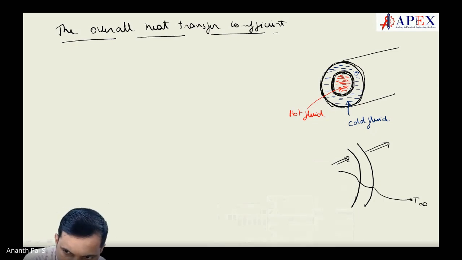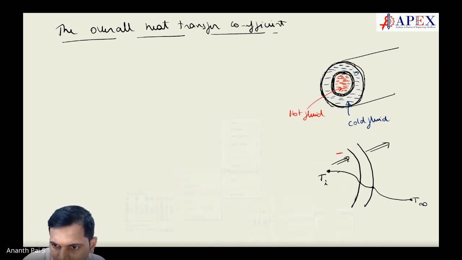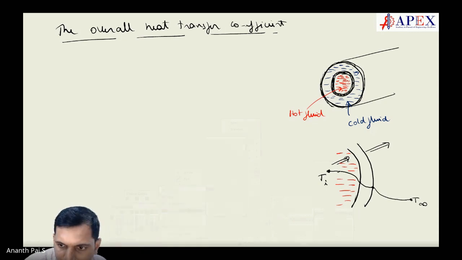This is T infinity, and this I will call Ti, inside. On one side we have hot fluid, and on this periphery inside we have the cold fluid. That is how the temperature changes.